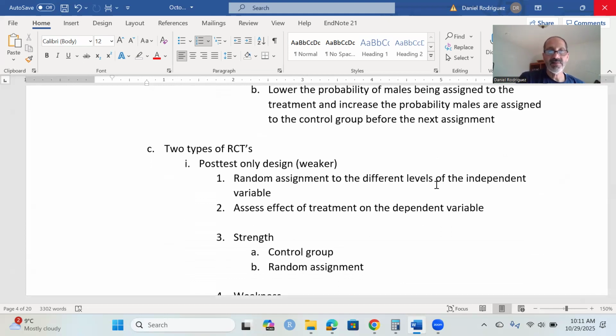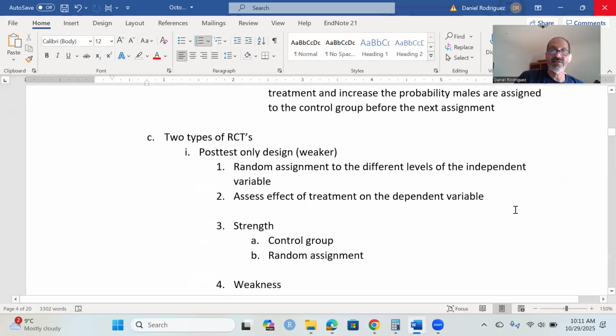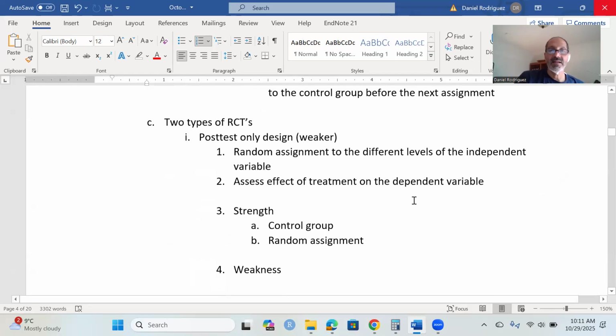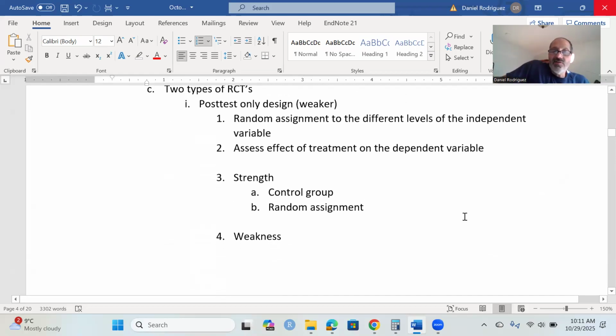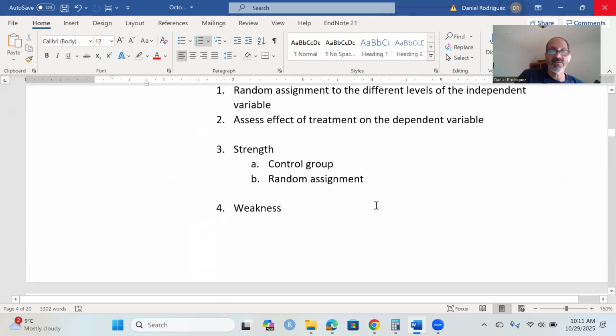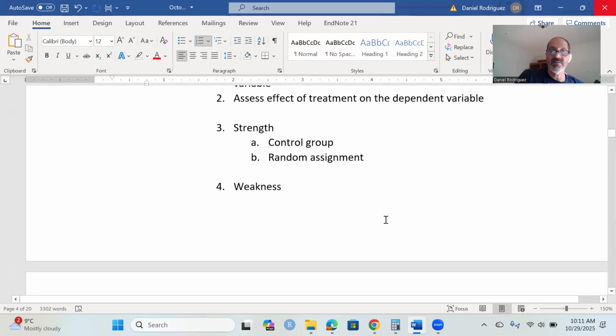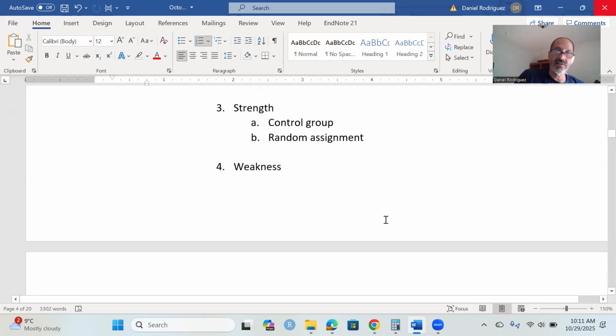There are two types of randomized control trials. There's post-test only designs. So you have random assignment to the different levels of the independent variable, and you assess the effect of the treatment on the dependent variable, only after the treatment. So there's no pretest. One of the strengths is that you have a control group, so you can always compare the effect between the treatment and the control group, and you have random assignment, which is good, controls for all these different confounds.